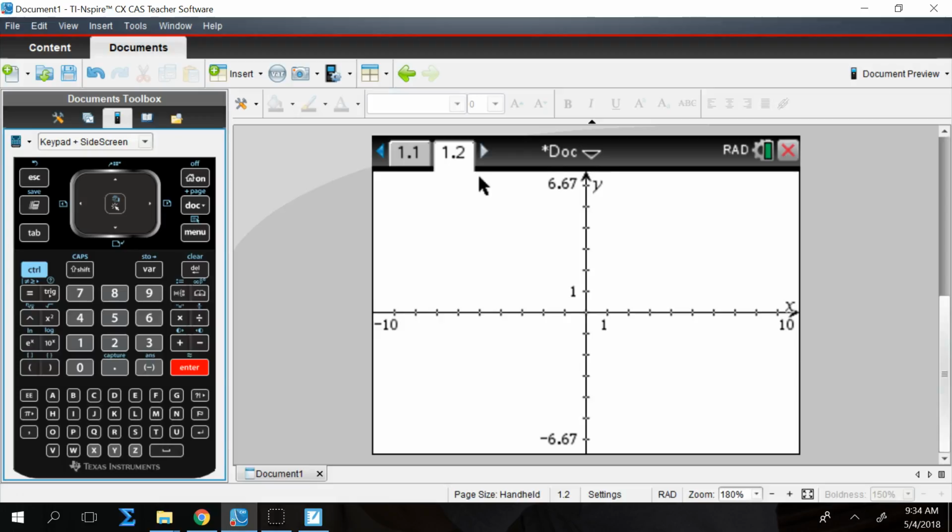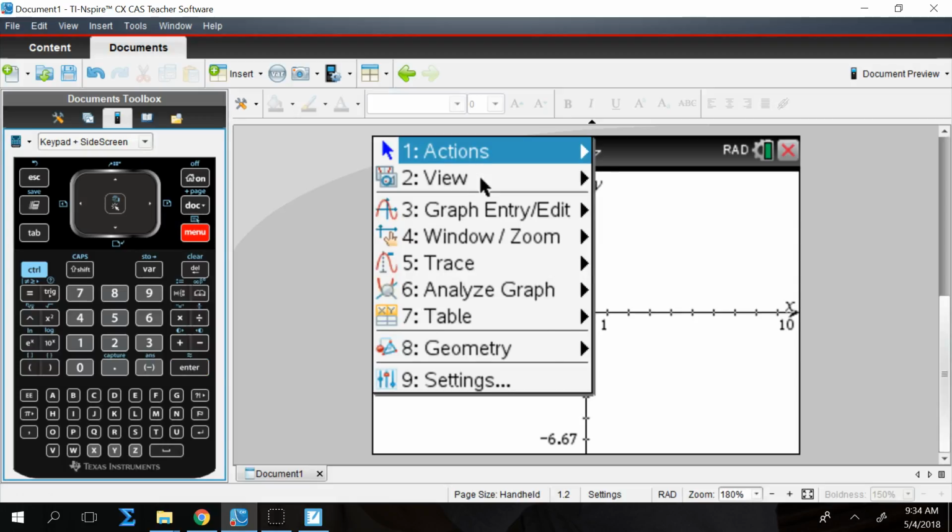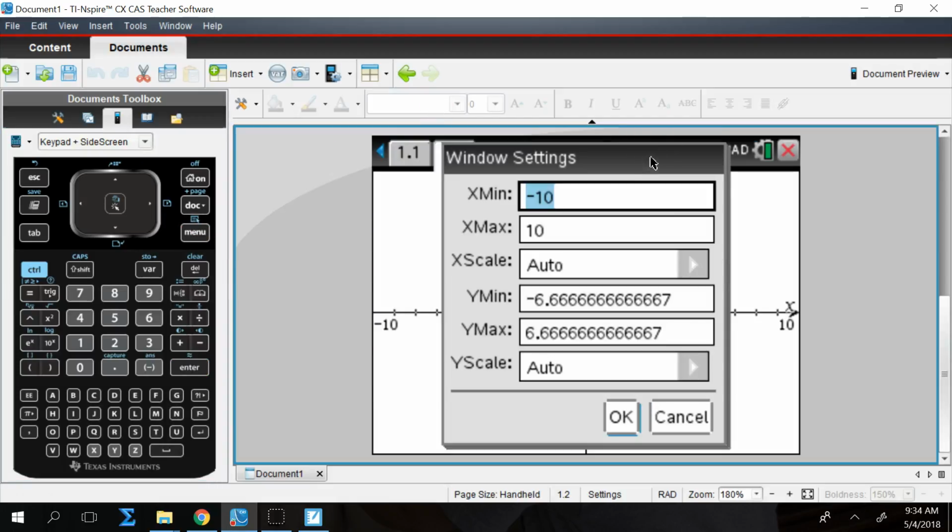Okay? Can't see a thing, can I? Because I'm only going up to 6,600 people. So let's adjust my window. So, x. Do I need to go 10 years back?